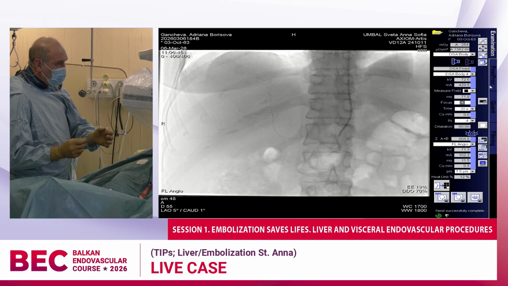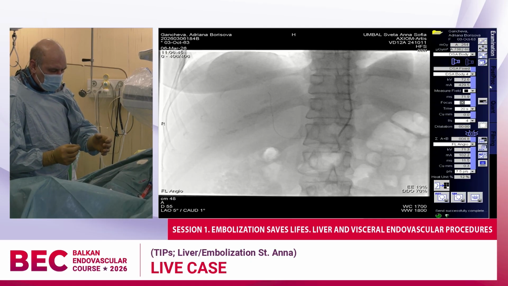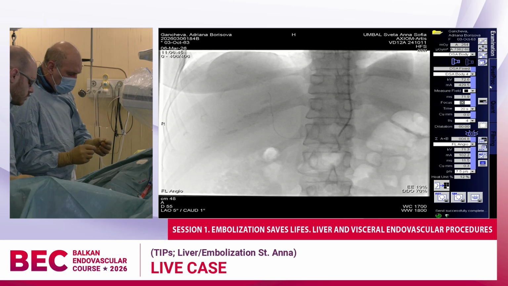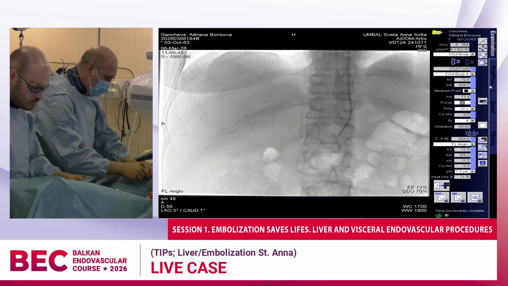Okay. I didn't mention that we are using specific calibrated spheres from Terumo. It's 200 microns. Usually for a tumor of this size, we think of 200 microns.